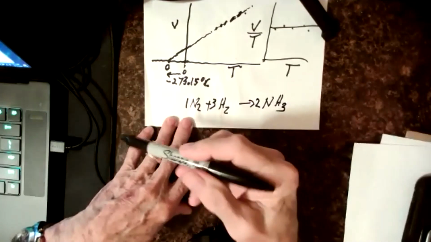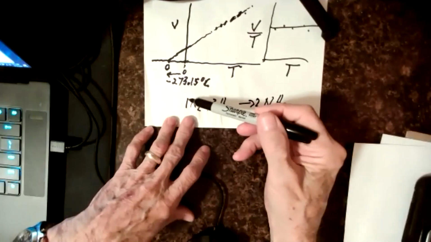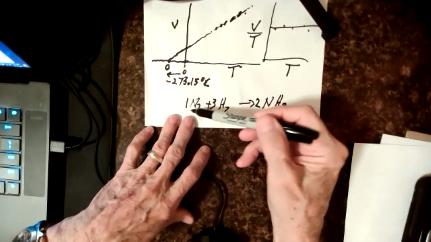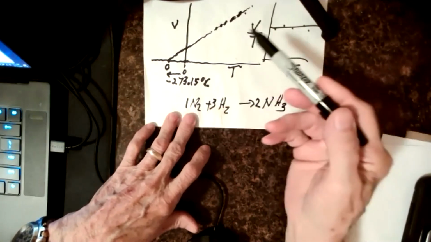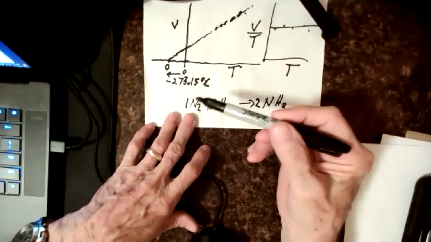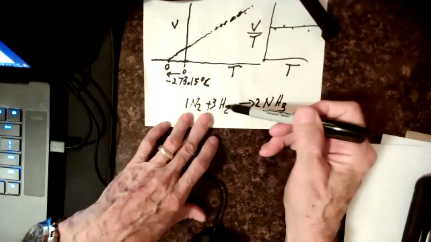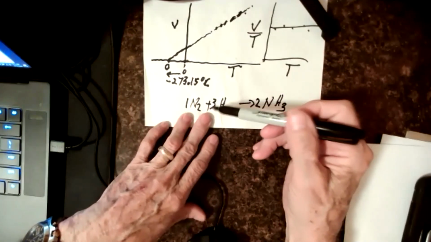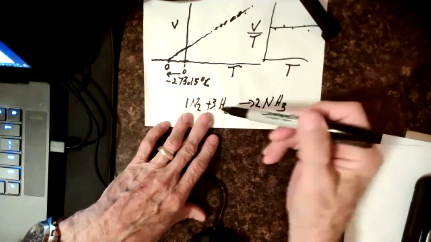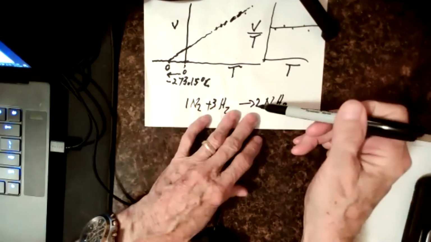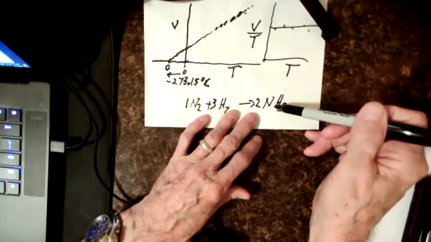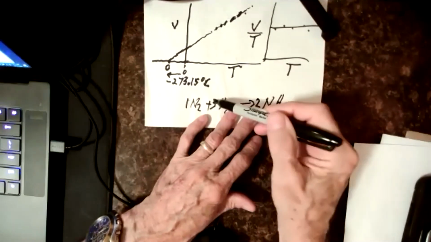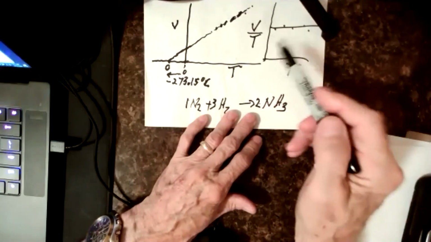What the Gay-Lussac law says is that if I took 1 liter of nitrogen at 25 degrees and 1 atmosphere pressure, it would need 3 liters of hydrogen at 25 degrees and 1 atmosphere pressure to completely react, and I would get 2 liters of ammonia when the reaction is over. So you can use these balancing coefficients just like volumes.